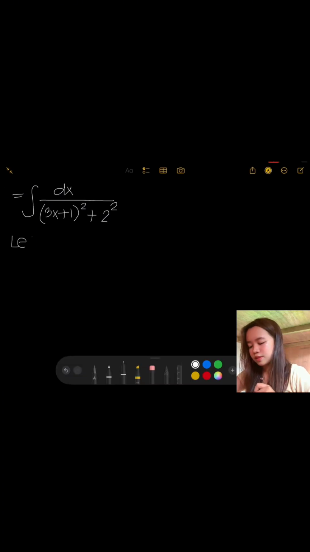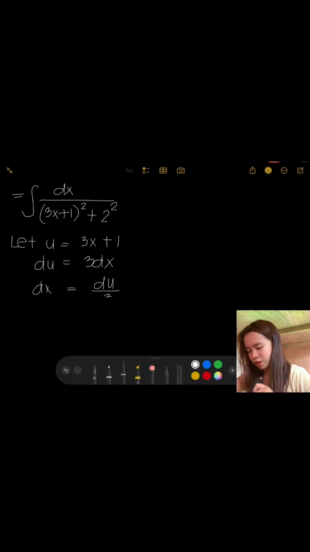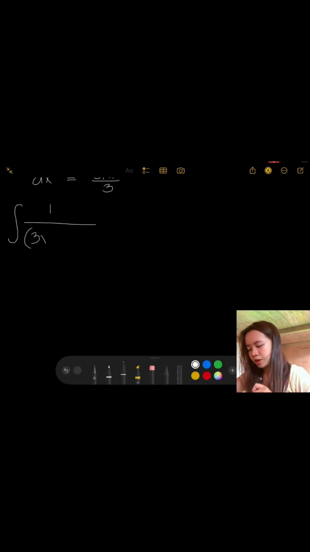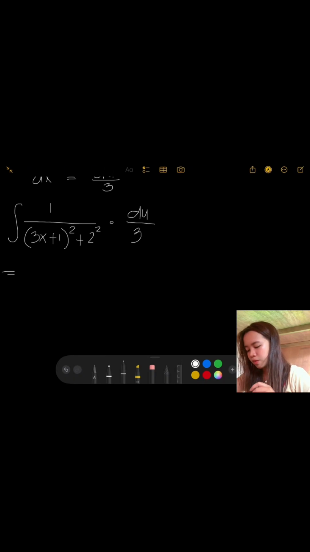So let u equal 3x plus 1, du is equal to 3 dx, and our dx is equal to du over 3. So this will become 1 over 3x plus 1 squared plus 2 squared multiplied by du over 3. So this will become 1/3 integral of 1 over 3x plus 1 squared plus 2 squared.